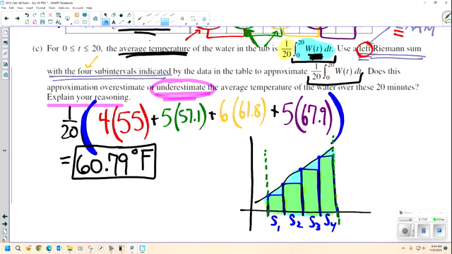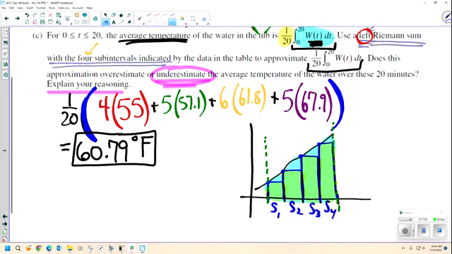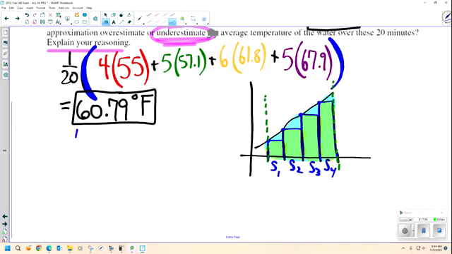Let's declare our intent that this is an underestimate. Explain. Comma. Let's do comma.